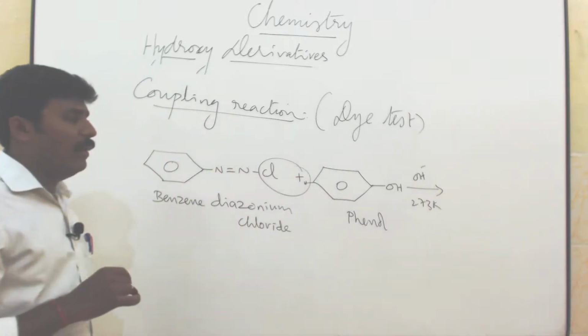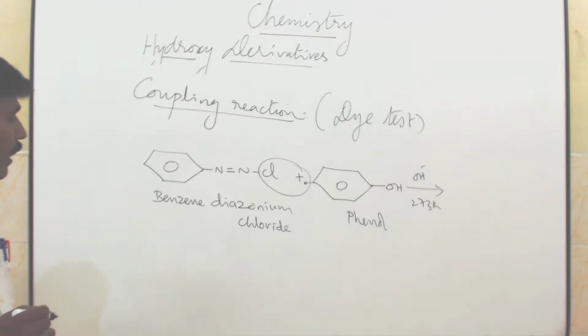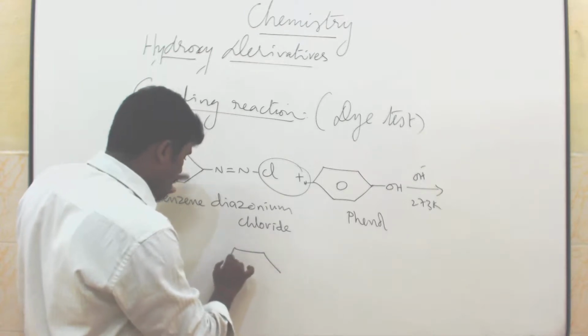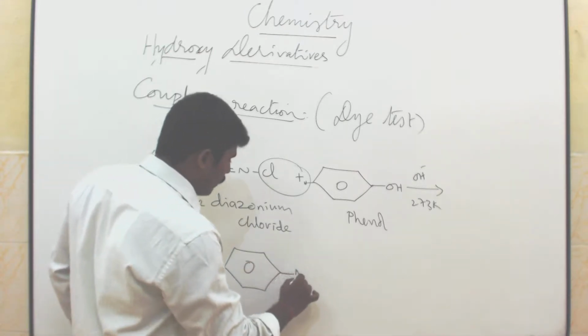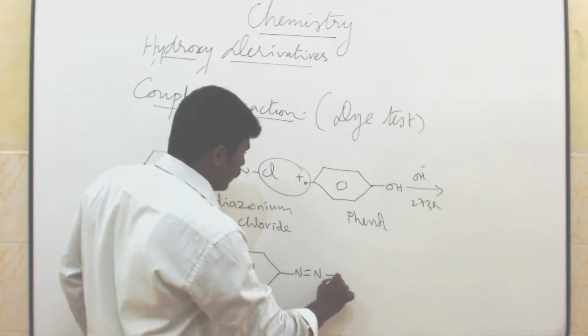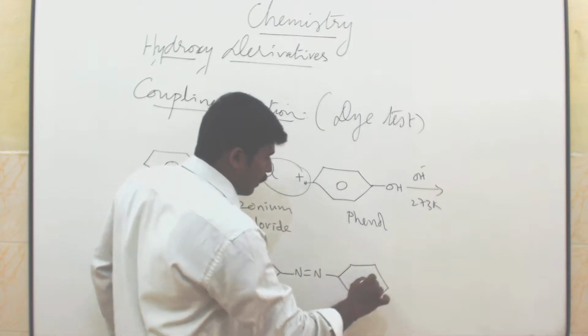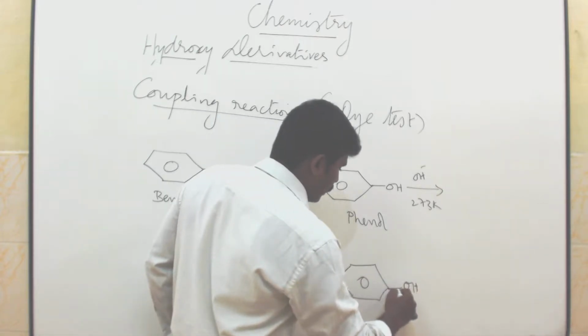Removal of HCl, the remaining part as it is, you write that is para hydroxyazobenzene. See the benzene ring, then N double bond N, with another benzene ring containing one OH in the para position, single bond.